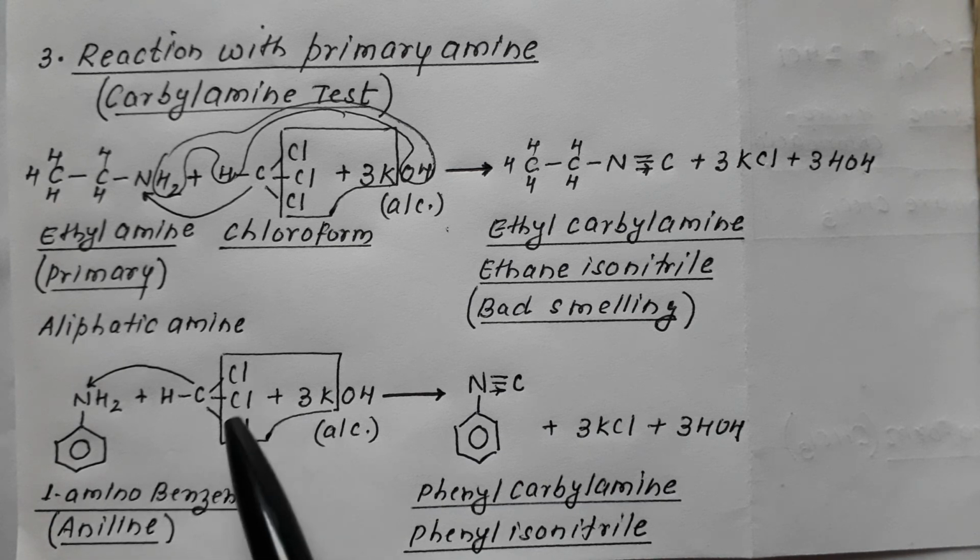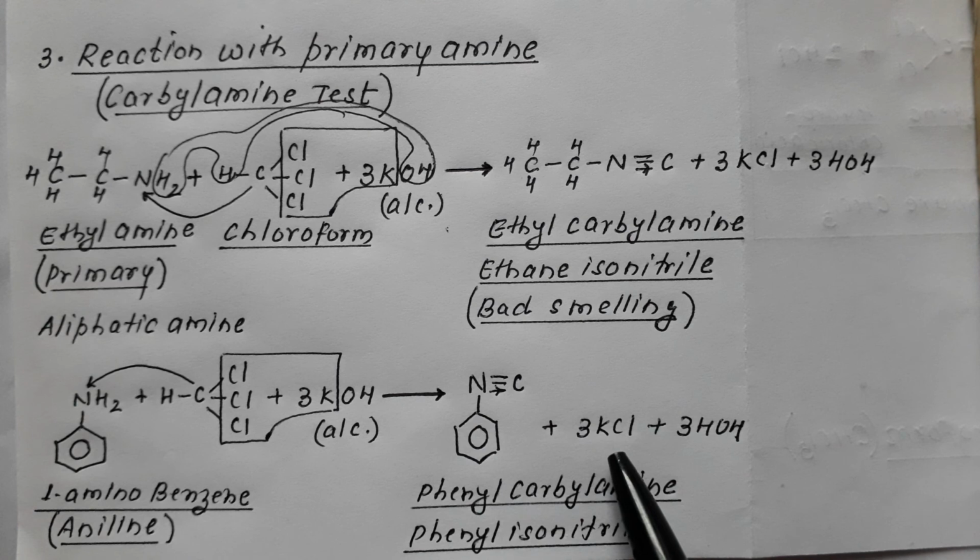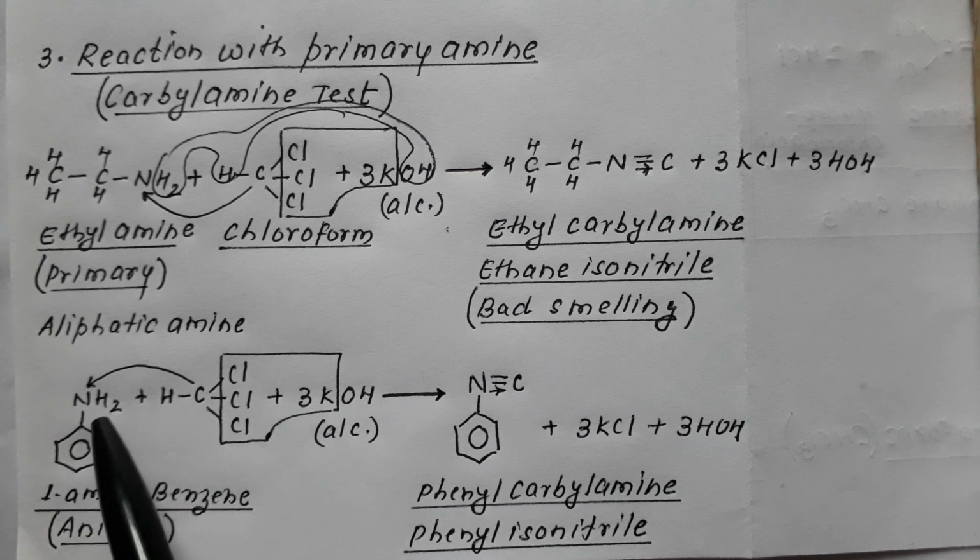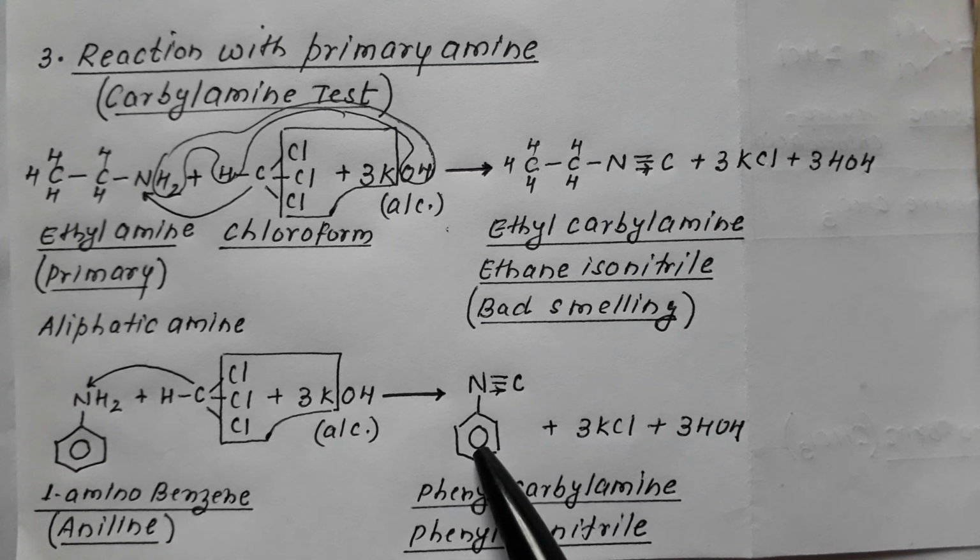So again 3Cl and 3K go in the form of 3KCl, 2 and 1, 3H and 3OH go in the form of 3 water molecules, and this carbon gets attached to nitrogen, resulting in the formation of a benzene ring and triple bond C. This group is termed phenyl.